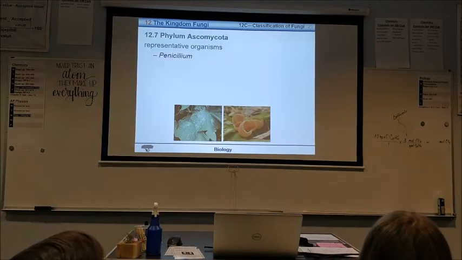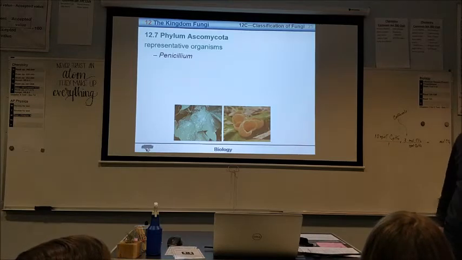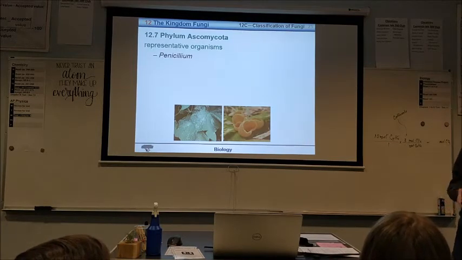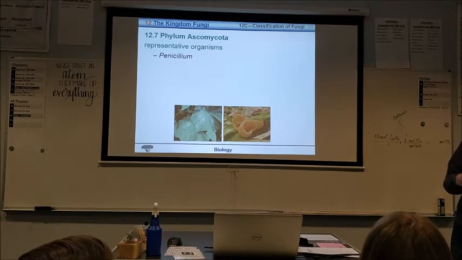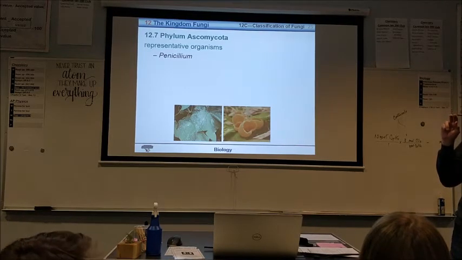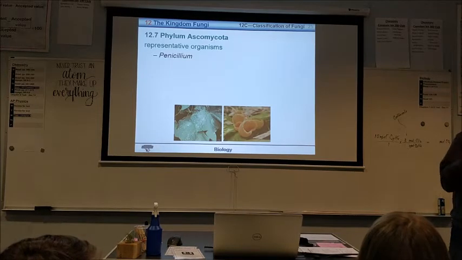Now, what are some organisms that you may have heard about? Remember, we have talked about penicillium. Where we first found it was on those agar plates that had bacteria growing on them, and then we found some places where the bacteria wouldn't grow, and it's because a spore from penicillium landed on the agar and started to grow, and it releases chemicals that we use as antibiotics to prevent bacteria from growing and reproducing.